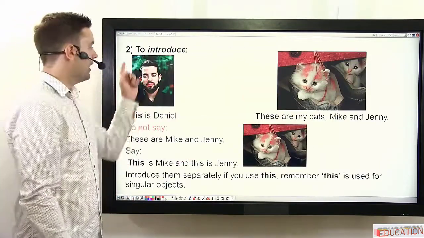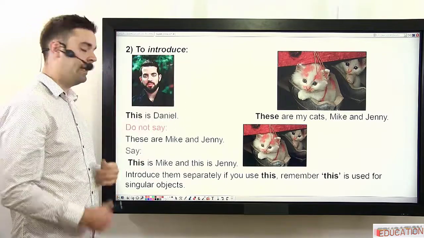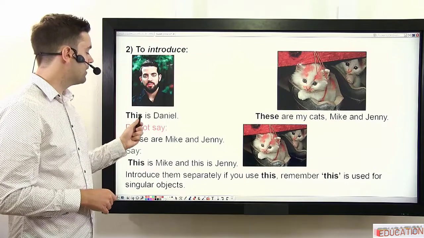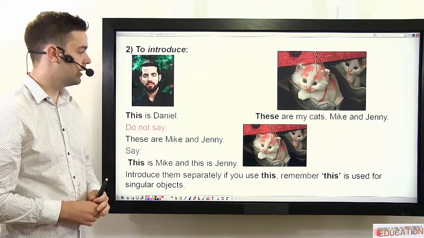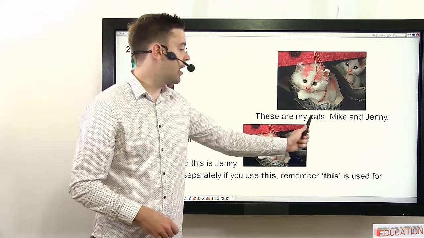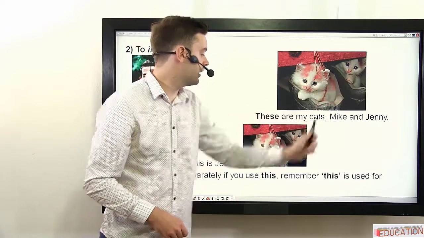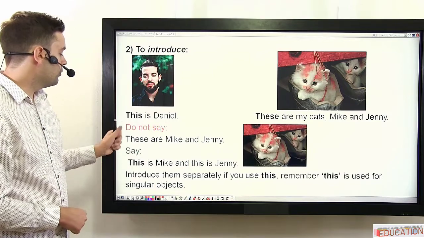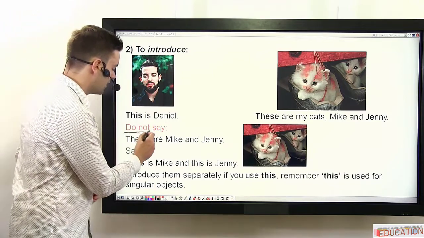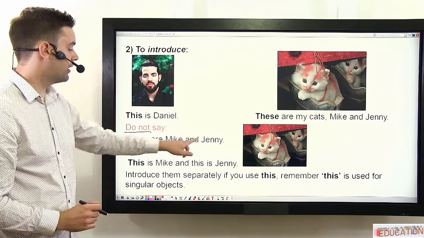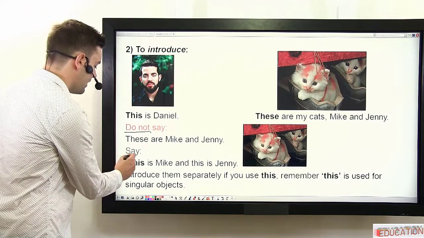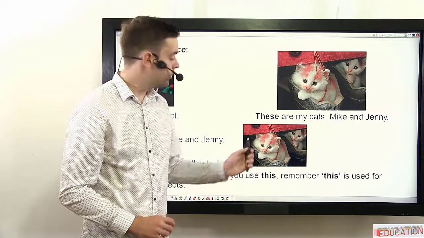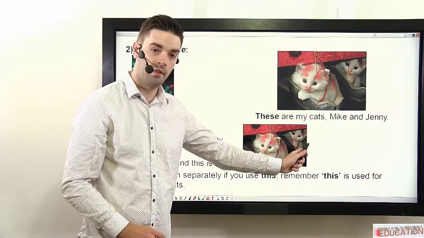Two, to introduce. We can introduce someone using this and these. So, this is Daniel. These are my cats, Mike and Jenny. You do not want to say, these are Mike and Jenny. You want to say, this is Mike and this is Jenny.